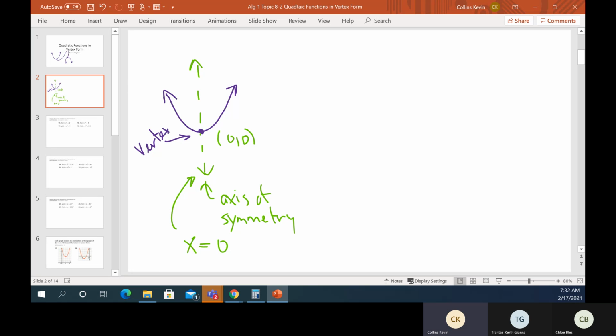So when they say vertex form, they'll look for something either called y or f of x, because those are the same thing, is going to equal x plus some number. We don't know what the number is yet. They call that h for some reason. So x plus h, and the whole thing's going to be squared, and then plus just some other constant number like this.